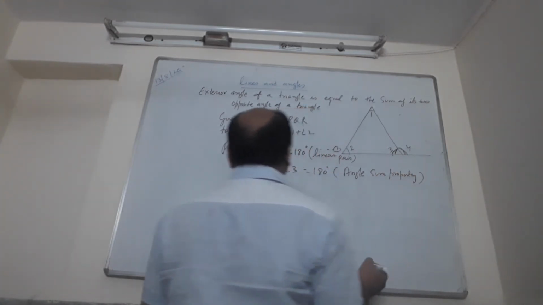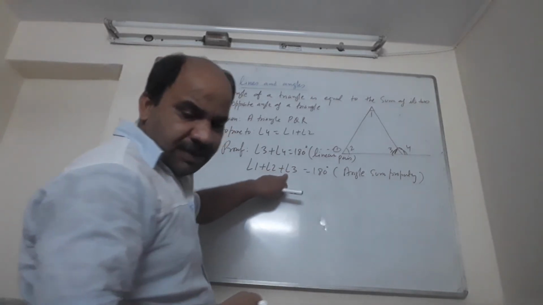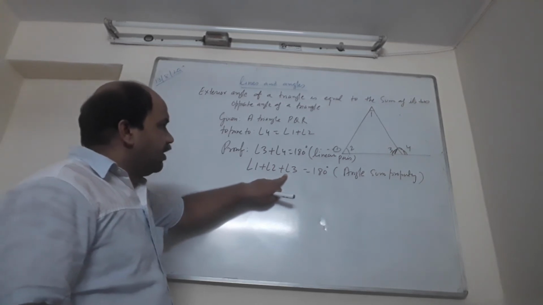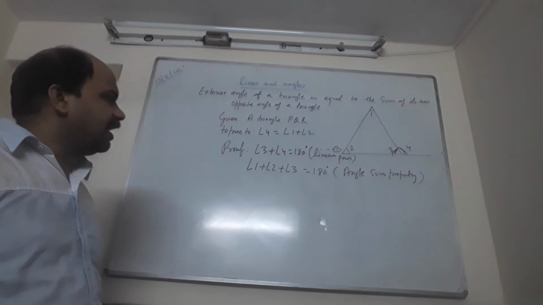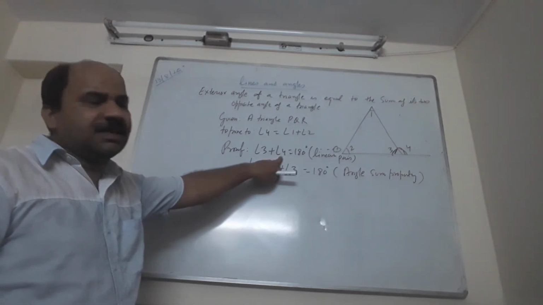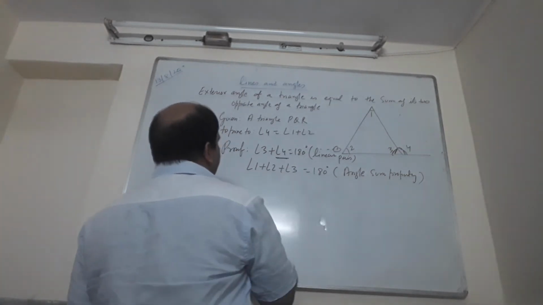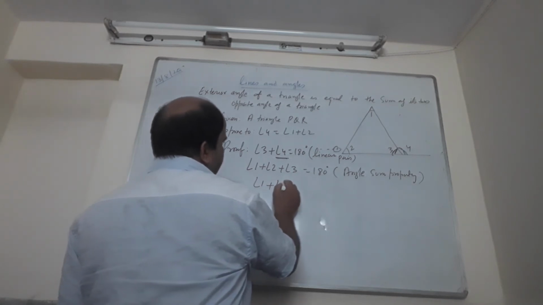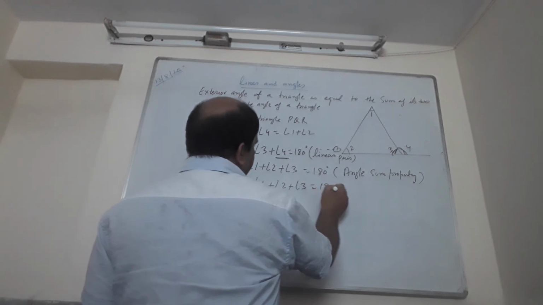Now see, angle 1 plus angle 2 plus angle 3 equal to 180 degrees. So can we write, in place of angle 4, angle 1 plus angle 2, because we have already shown that.